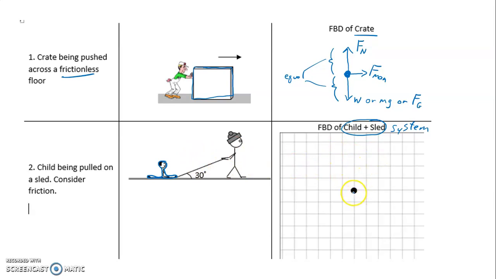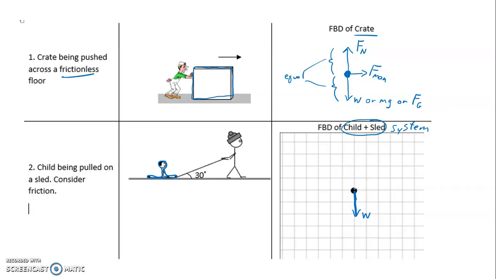What field force is operating? Well, there's only one field force in Physics 111 that we need to concern ourselves with, and that is the force of gravity, or the weight. I could use any of these symbols. I'm just going to use weight in this particular one.